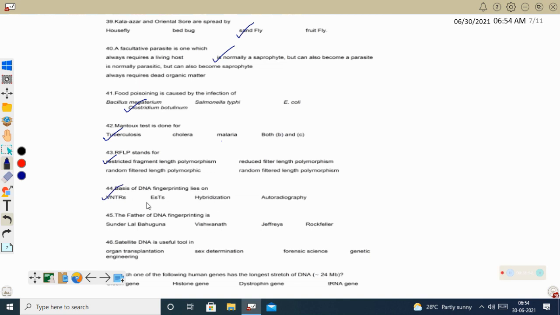Okay, what is this ESTs? Expressed sequence tag, that is ESTs. We talk about ESTs in the Human Genome Project. Okay, next question. The father of DNA fingerprinting is Alec Jeffreys, who introduced DNA fingerprinting. So Jeffreys is the father of DNA fingerprinting.